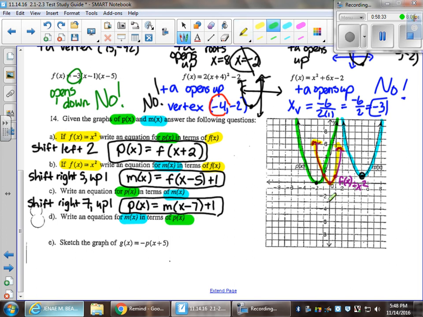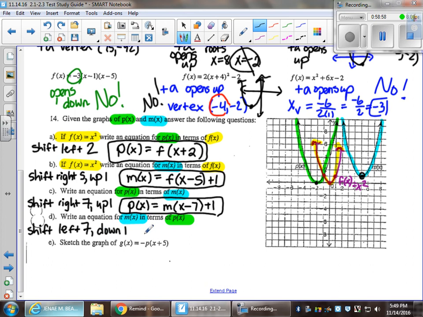So now instead of looking here and getting here, we're starting here and making our way to this green graph. Starting at this one, I go left 1, 2, 3, 4, 5, 6, 7, shift left 7. Left 7 got me here, and now down 1.